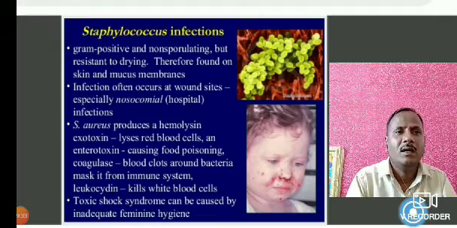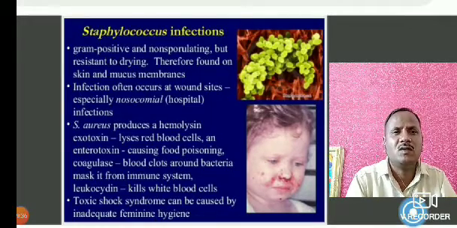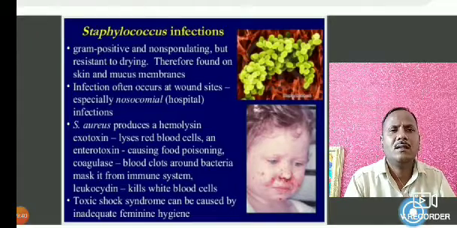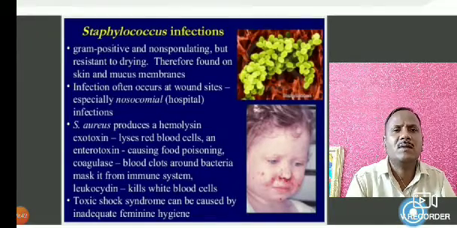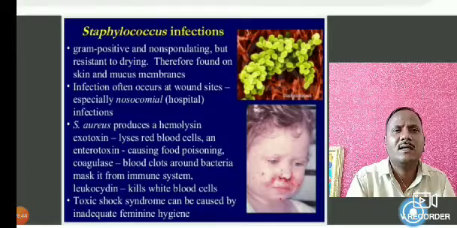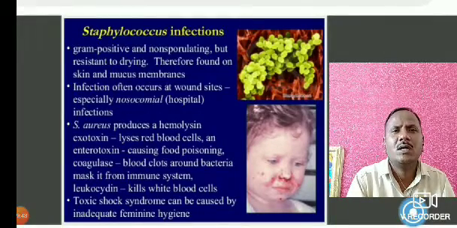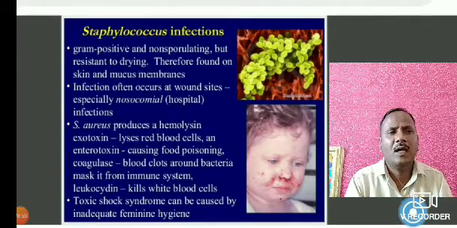What is the main action, the main symptom of such disease? On the body part, there are mucous membranous infections on the body surface. Infections often occur at wound sites, especially nosocomial infections in the hospital.